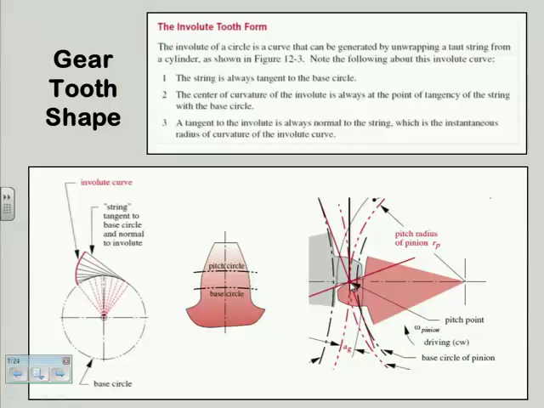And so no matter where those teeth are in the mesh, those forces along that common normal, which is the transmission axis, go through the same point at the same radius on both gears. The radius may be different on each gear, but it's at the same point, and that gives me the constant ratio.